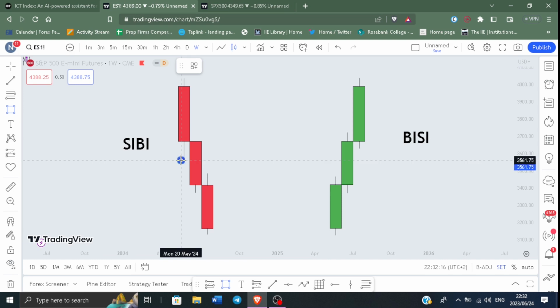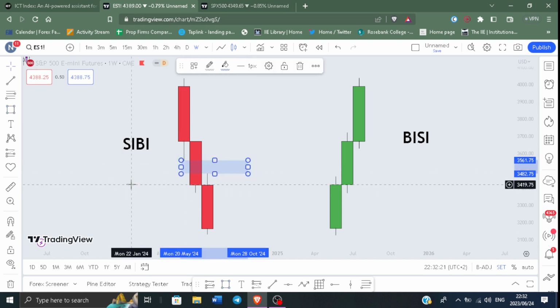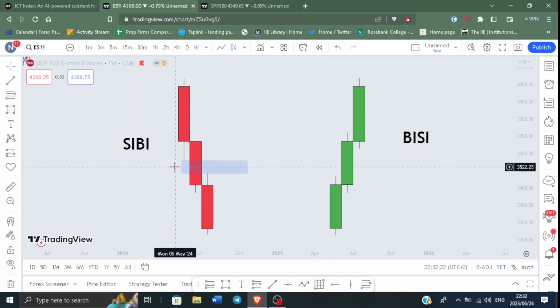This is a SIBI. The imbalance is towards the downside, so it's a sell side imbalance, and because there's no movement within this range going up, that's a buy side inefficiency, hence the acronym SIBI.